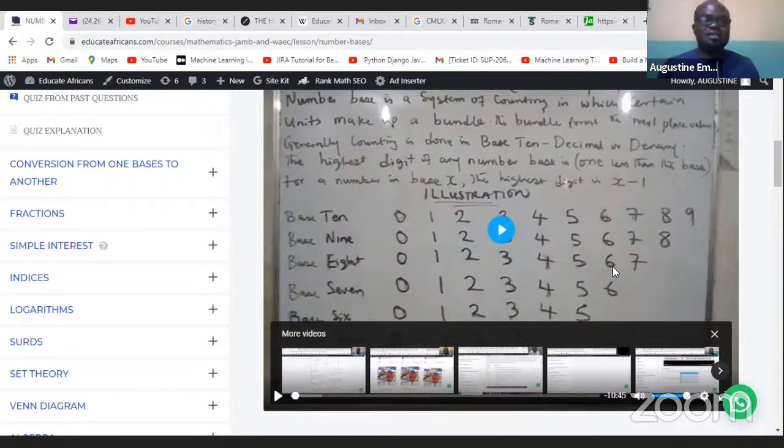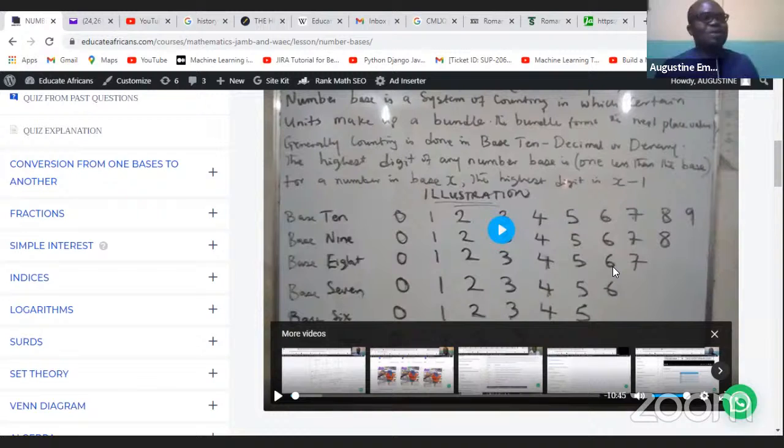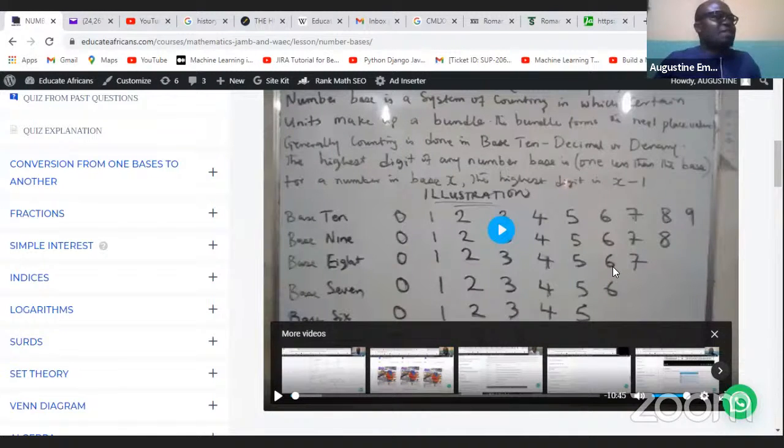Then what other base can have that? Base 9 can have it, base 8 can have it, base 7 can have it. That's all, because base 6 cannot have it because of the presence of 6. Numbers ranging from 0 to 9 are there because you are counting in base 10. If you are counting in base 2, you can't see such numbers. You can only see 0, 1, 0, 0, 1, 1, 0. You can never see 2.